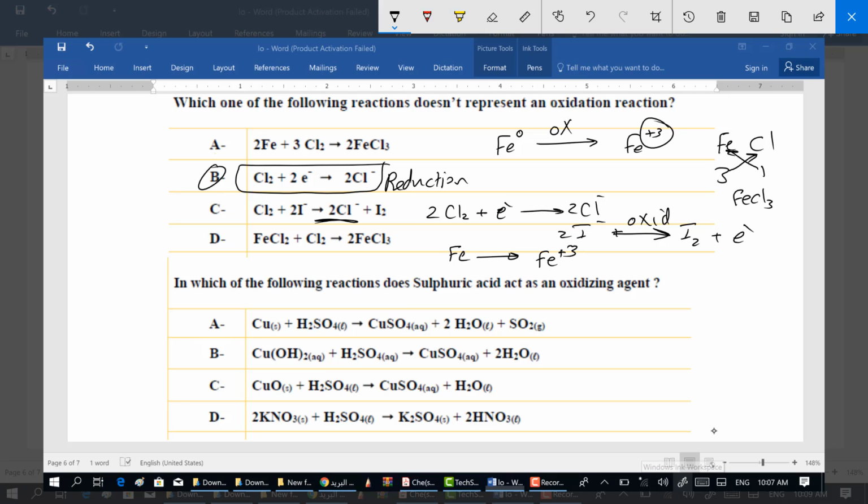Which one of the following reactions does sulfuric acid act as an oxidizing agent? Oxidizing agent means that a reduction process takes place for it.